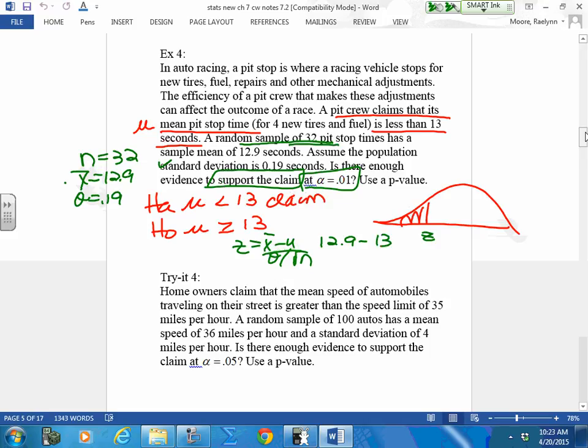Isn't your claim from the population? Didn't I write this as mu? That's the claim. Over the standard deviation divided by the square root of how many is in my sample? 32. So let's find your z-score.